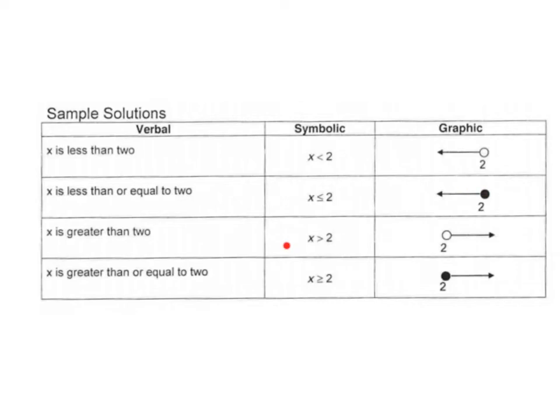If something is greater than, it goes to the right with a non-filled in circle. If it's greater than or equal to, the right with a filled in circle. So if something is equal to, then it has to have the filled in circle at the beginning. If it is less than or greater than with no equal to, it will be the non-filled in circle.